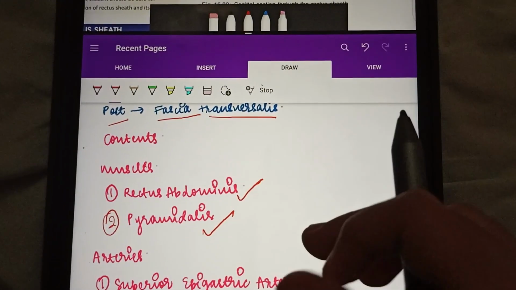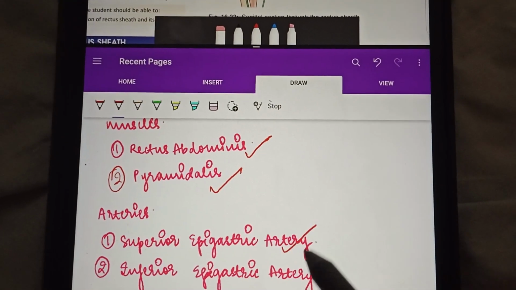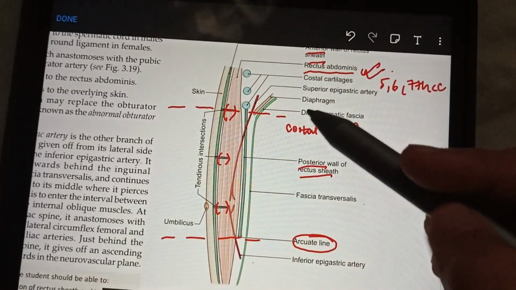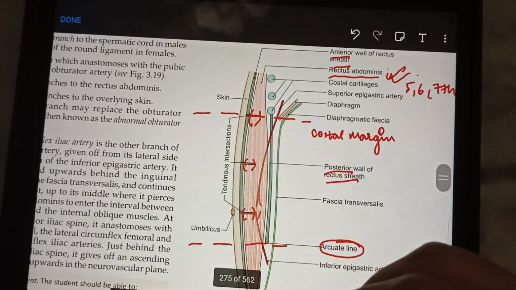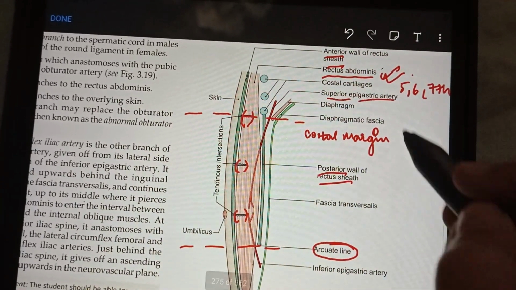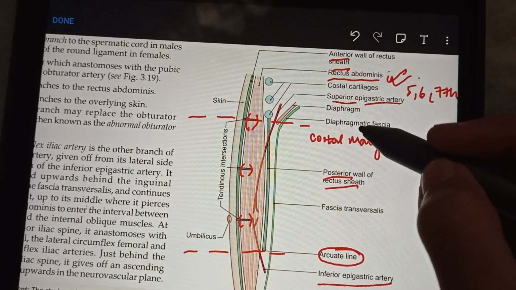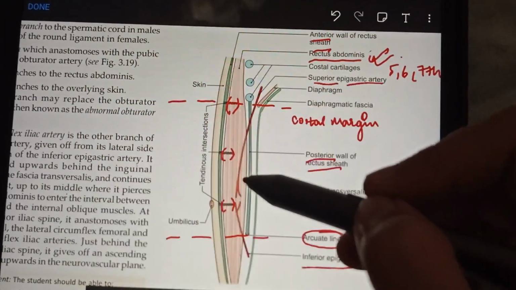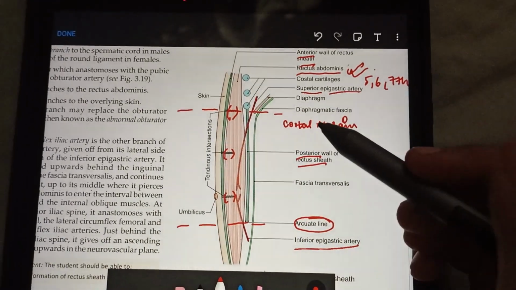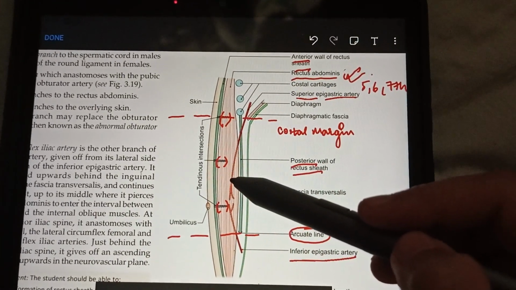Now if we look at the arteries, we have two arteries here, superior epigastric and inferior epigastric artery. If you look at the figure, here you see the superior epigastric artery, and here comes the inferior epigastric artery. The superior epigastric artery comes from the costal and xiphoid origins of the diaphragm and supplies the rectus abdominis.